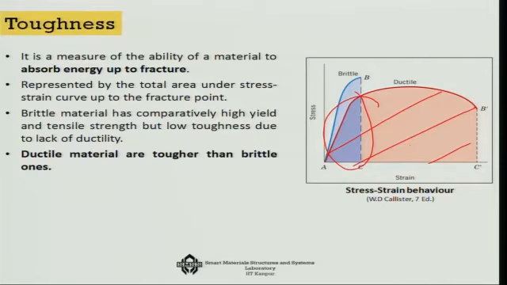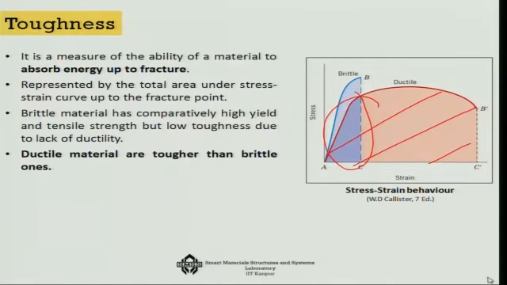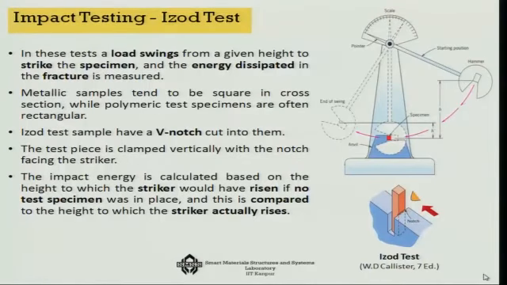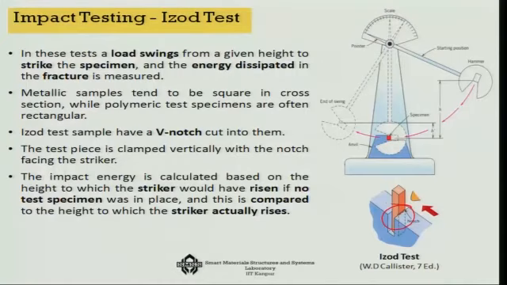In fact, the tests that are very much important in this direction are the Izod and Charpy impact tests. So, this is an Izod impact test, where you support the sample from one position here and you hit it with a pendulum.